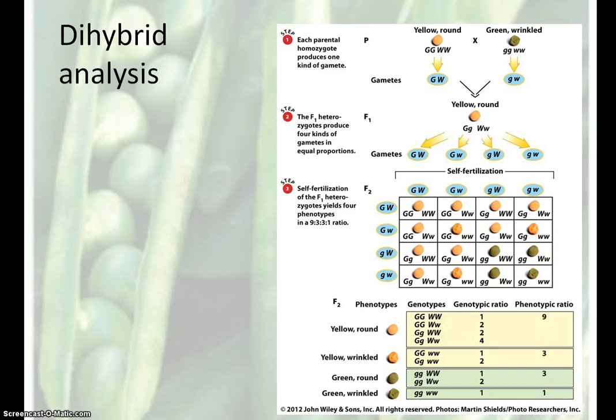So if we analyze these dihybrid crosses, looking at the gametes, if we start with a yellow round seed and a green wrinkled seed, here the color is denoted by a G, uppercase for dominant, lowercase for the recessive. I'm losing my cursor. There we go. Lowercase for the recessive. And so this particular individual can only pass on the dominant G or the dominant W to their offspring.